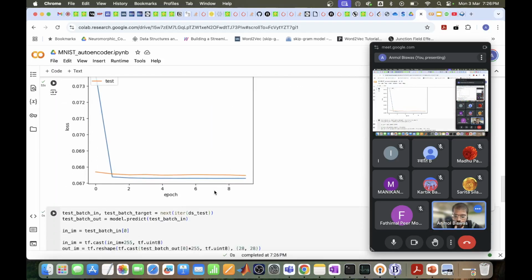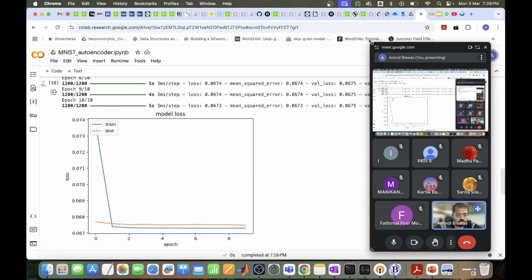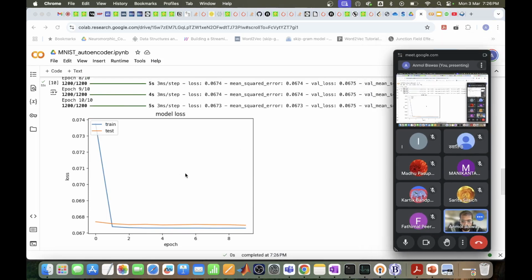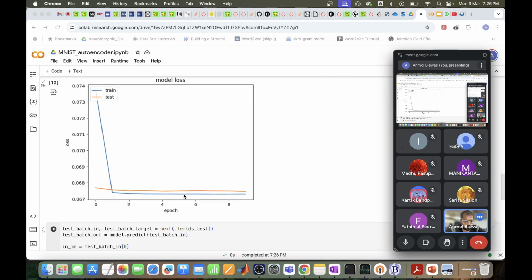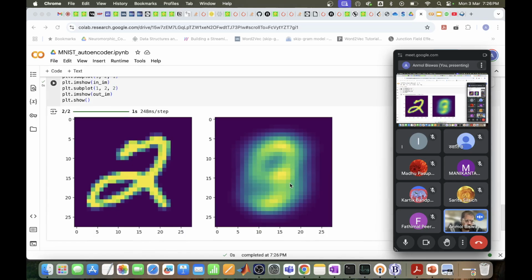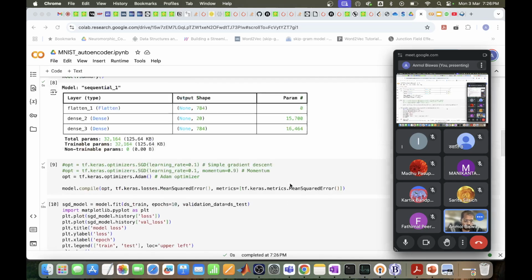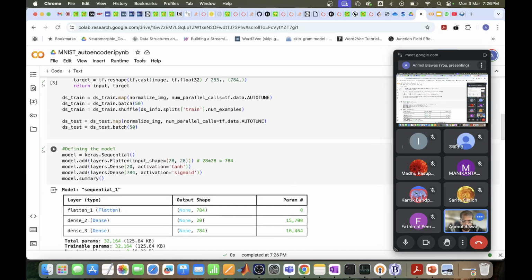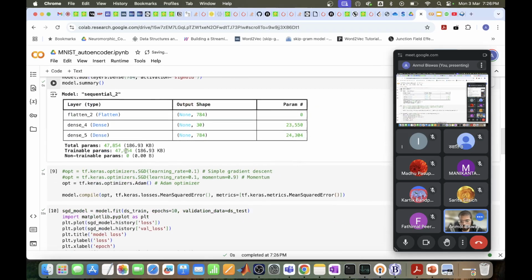Yeah, the same as before: it stagnates after one epoch, then you get something very similar to the previous output. So this is clearly not working. Let's try to increase it a little bit. Let's do 30 and see what you get.